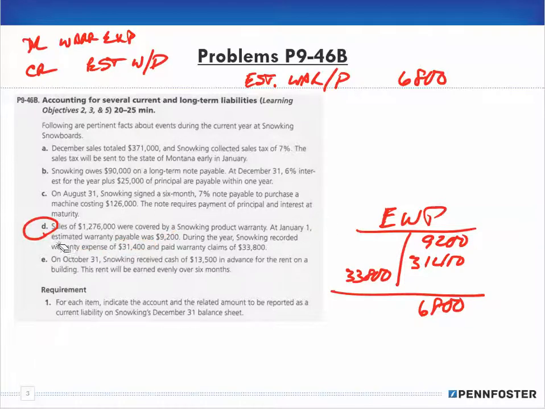You're going to find little changes like this in the way the information is presented, and that's the way it gets presented in the real world. It doesn't necessarily come in the neat little package that you read in a book. It comes at you, and you have to be able to place it inside that concept that you understand and figure it all out. And this is a prime example of that, where if you just looked at warranty expense and didn't think through this, you're getting the problem wrong.